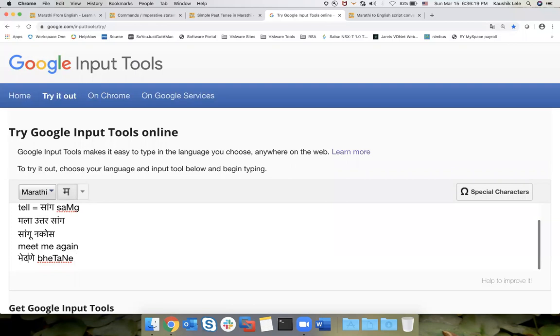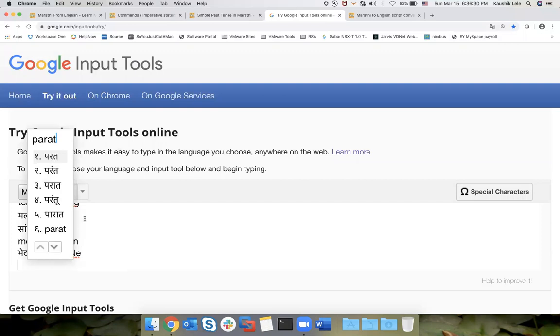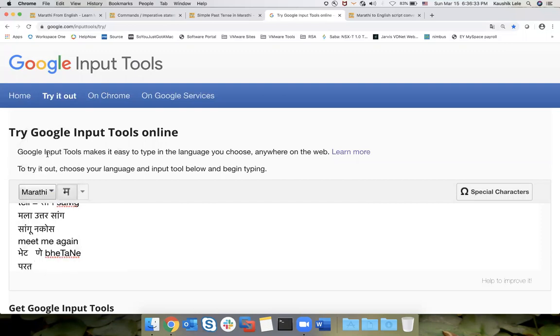So the root is भेट. Again is परत. मला परत भेट. And negative will be मला परत भेटू नकोस.